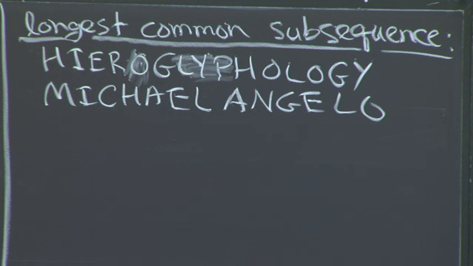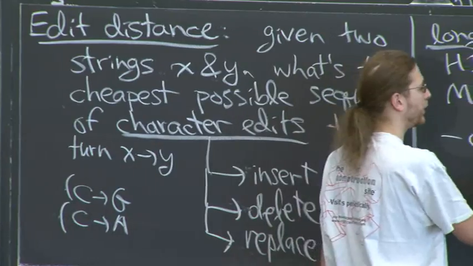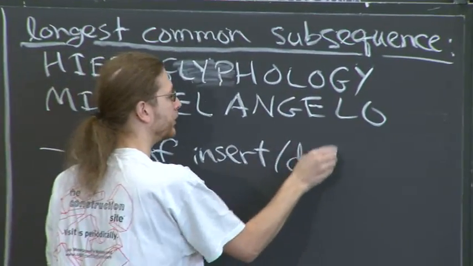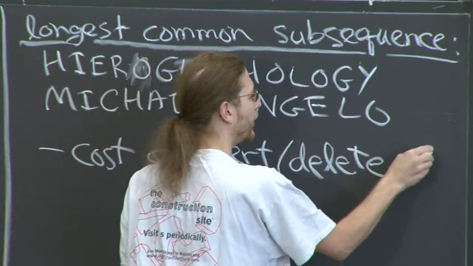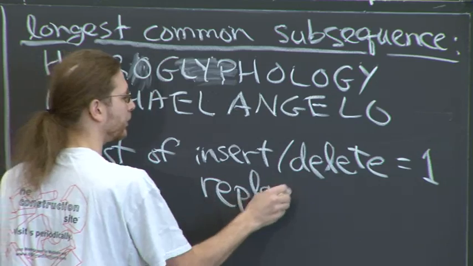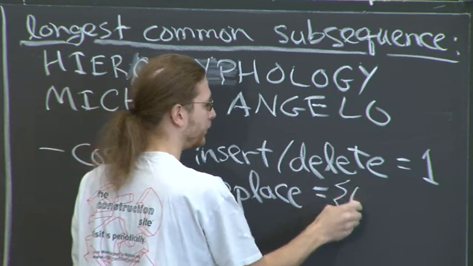It's a puzzle for you while you're thinking about it. You can model this as an edit distance problem. You just define the cost of an insert or a delete to be 1, and the cost of a replace to be 0.